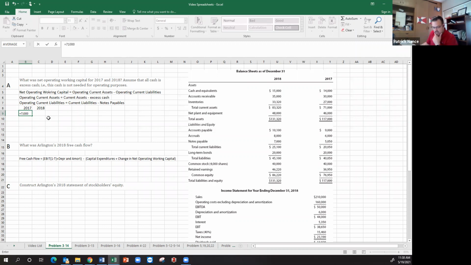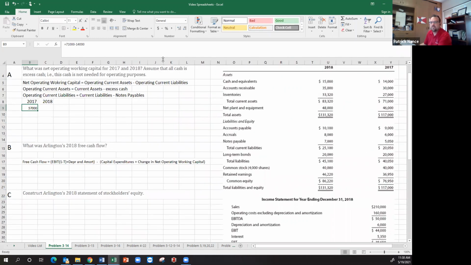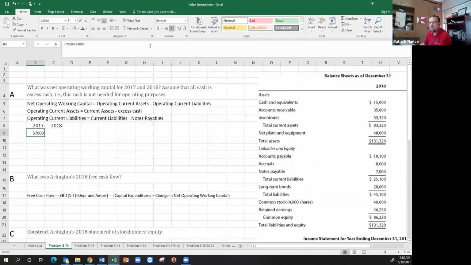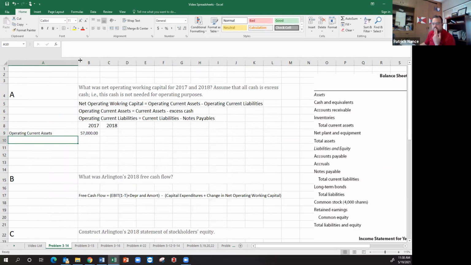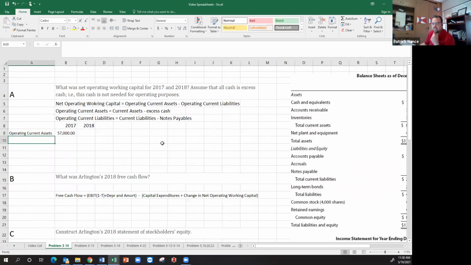And I need to subtract any excess cash, which they said that all the cash is excess cash in this case, so all 14,000 here. So 71,000 minus 14,000. There's my operating current assets, 57,000.